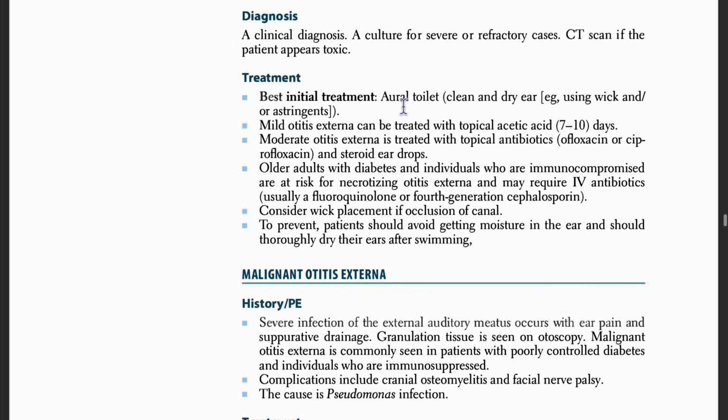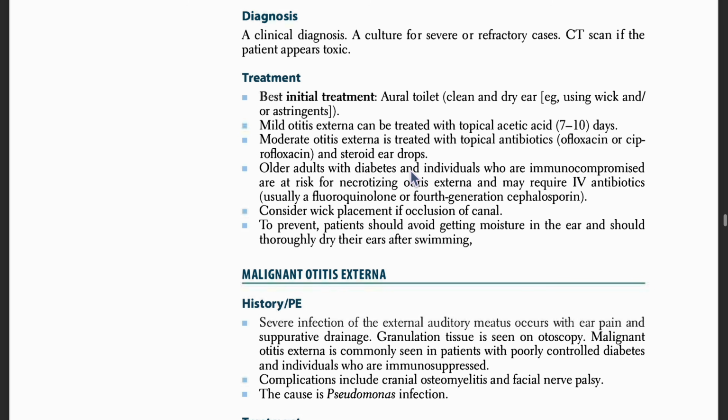Treatment, best initial treatment: aural toilet, clean and dry ear, for example using a wick and/or astringents. Mild otitis externa can be treated with topical acetic acid for 7 to 10 days. Moderate otitis externa is treated with topical antibiotics, ofloxacin or ciprofloxacin, and steroid ear drops.